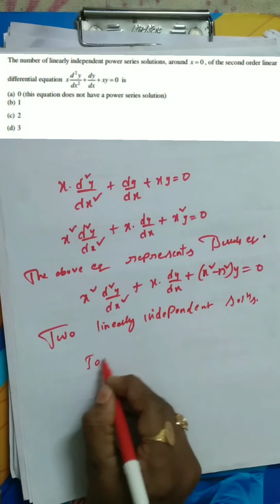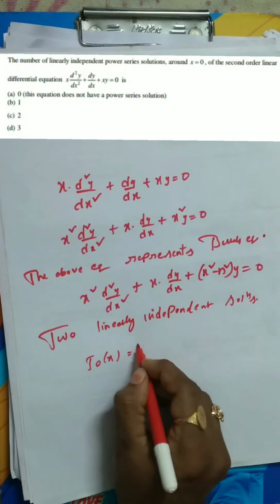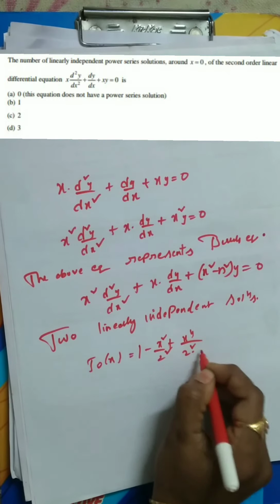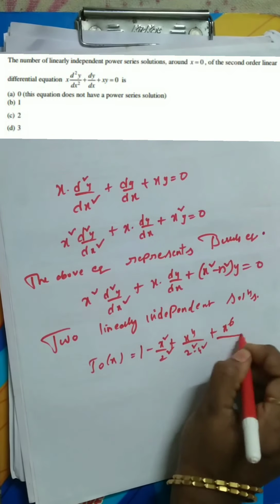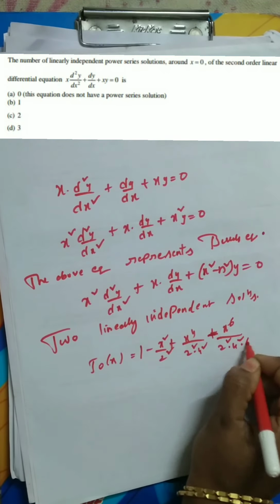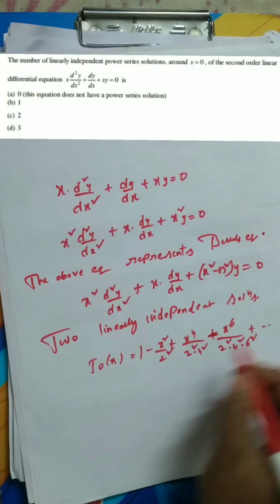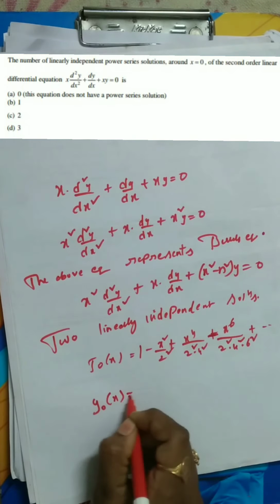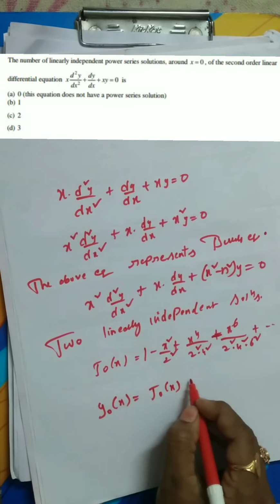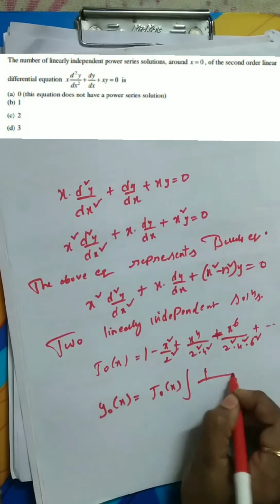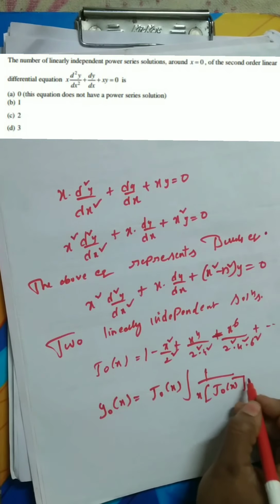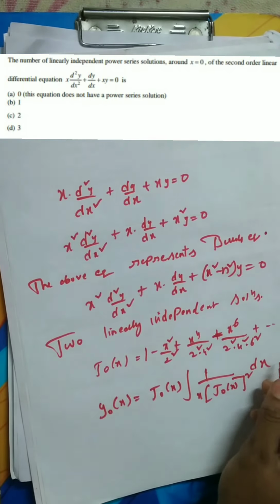One is J naught x is equal to 1 minus x square by 2 square plus x power 4 by 2 square into 4 square minus x power 6 by 2 square into 4 square into 6 square plus so on, and Y naught x is equal to J naught x times the integral of 1 by x into J naught x whole square into dx.